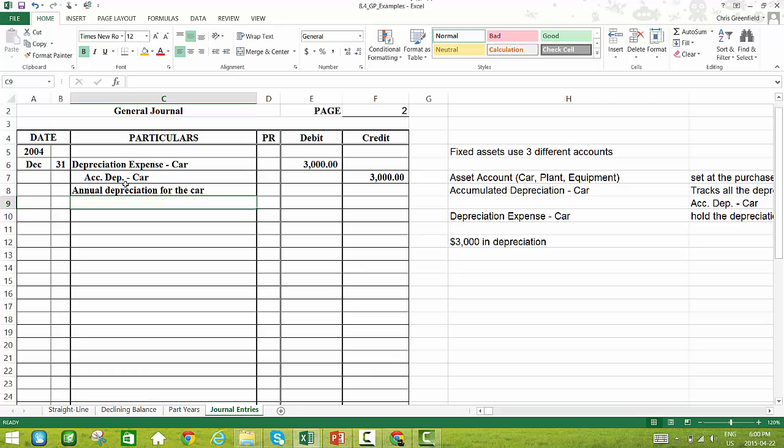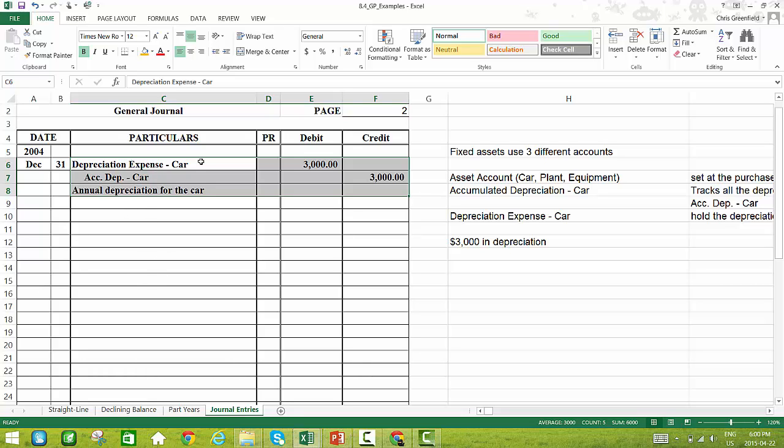And so basically at the end of every fiscal year, we are going to process one transaction like this for every fixed asset that we have. So every individual car, if we bought them separately, piece of plant, equipment, warehouse, whatever all those durable assets are, if we had 6 of them, then we would have 6 entries like this.